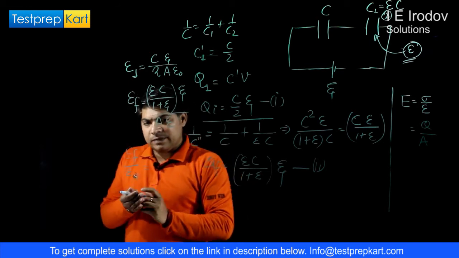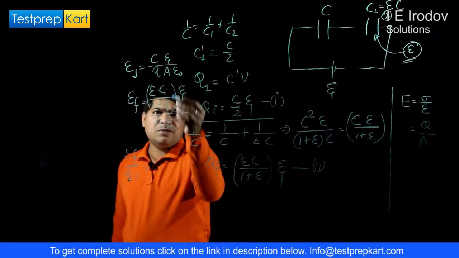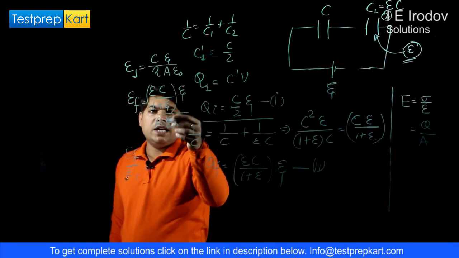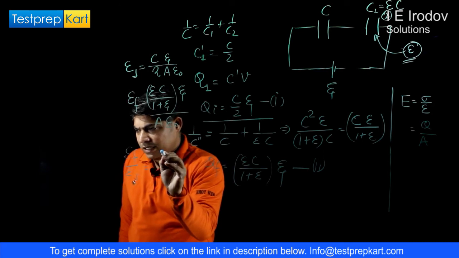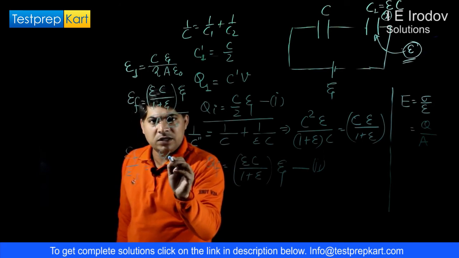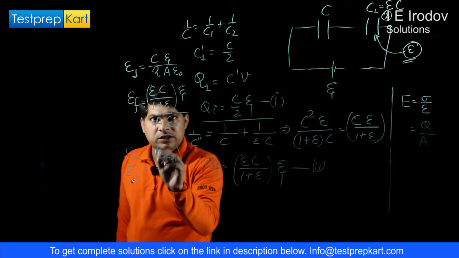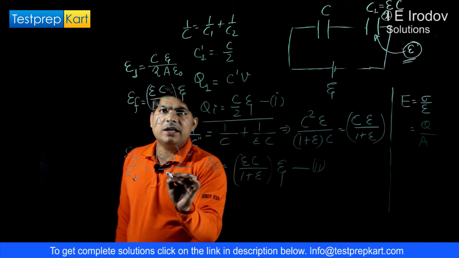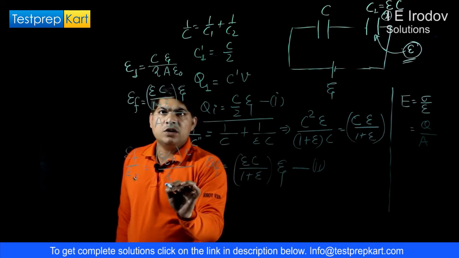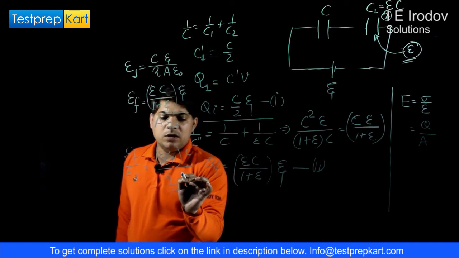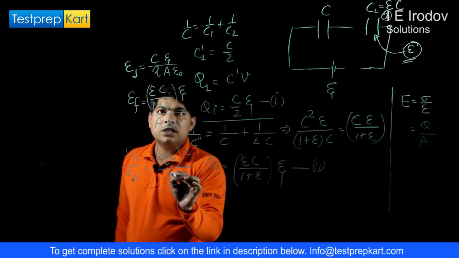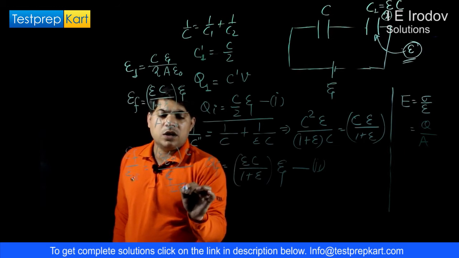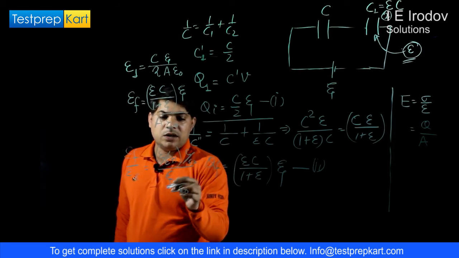From here, most of the rest of the parts are common, like the area and epsilon naught. So we can write this as epsilon upon epsilon plus 1 into C divided by C over 2, and epsilon naught is in both.